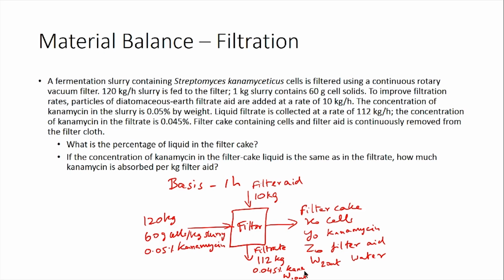The second part of the question asks for the amount of kanamycin which could have been absorbed by the filter aid, indicating that the filter aid actually absorbs some of the kanamycin, which has resulted in this decreased concentration. But we also know that in a filtration, the concentration of kanamycin, or the dissolved component, would be the same in the filtrate and the liquid accompanying the filter cake. So knowing all this information, let us go about solving this problem.